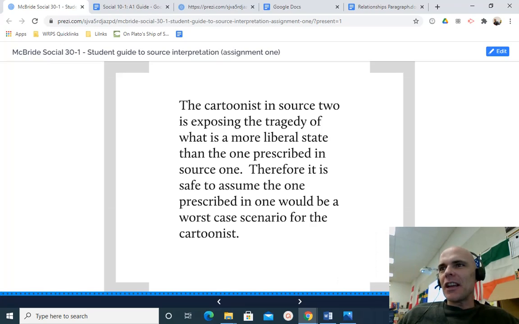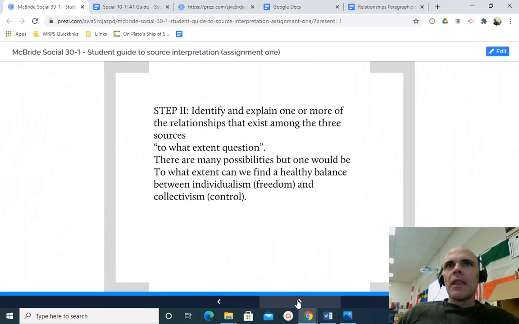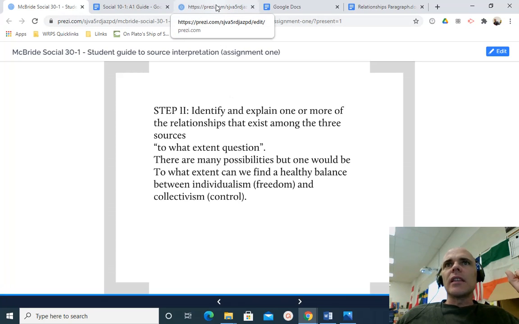We'll go to slide 103 and we'll see identify and explain one or more to what extent questions. They're possible, but one would be, to what extent can we find a healthy balance in 30 between individualism, freedom, and collectivism, control? So that is a key step to get the relationship part of the assignment started.